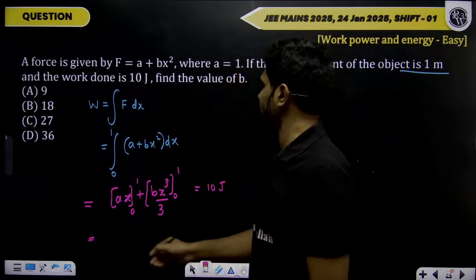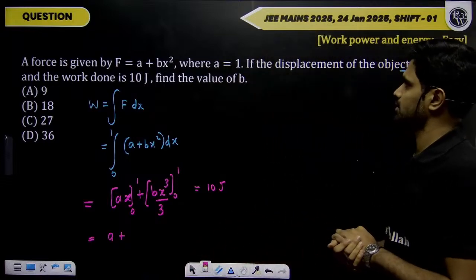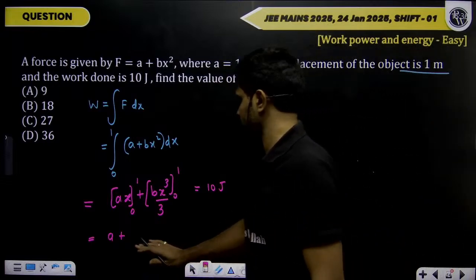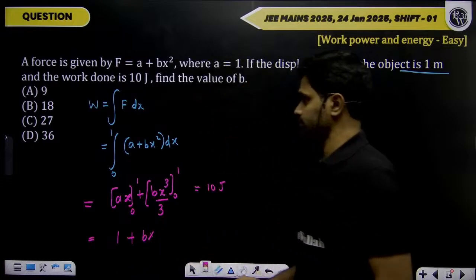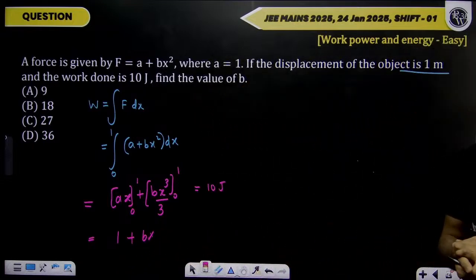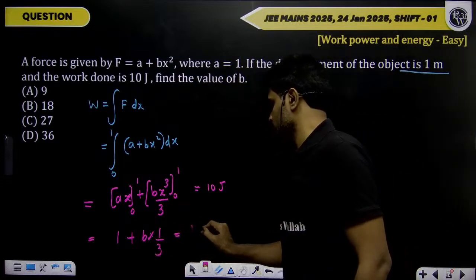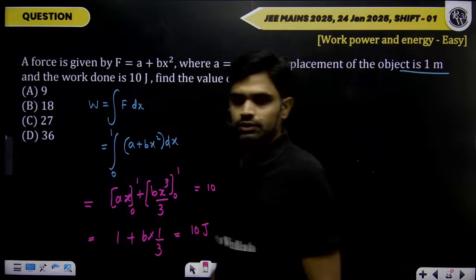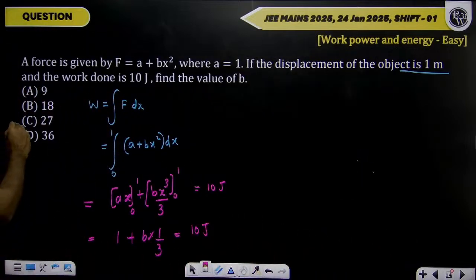We need to find B. A is 1, so 1 plus B into 1 by 3 is 10 joules. So they want the value of B. Obviously 27. B is 27, then 9 plus 1 will be 10.